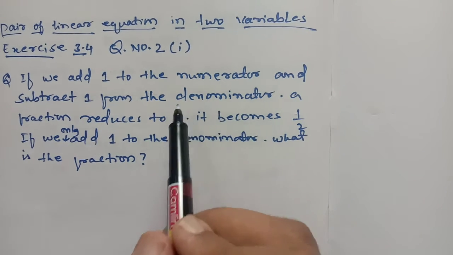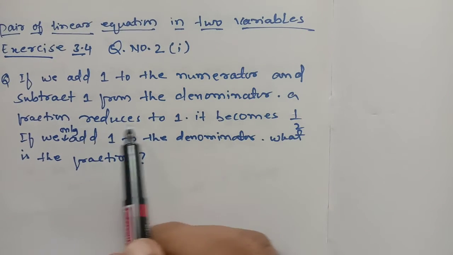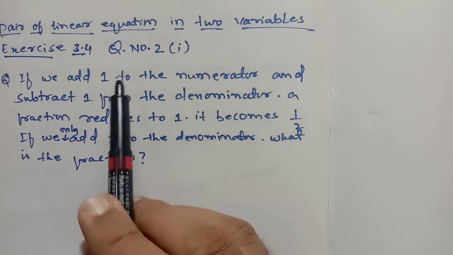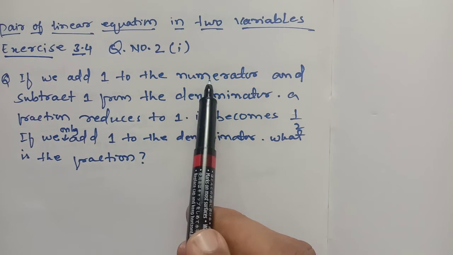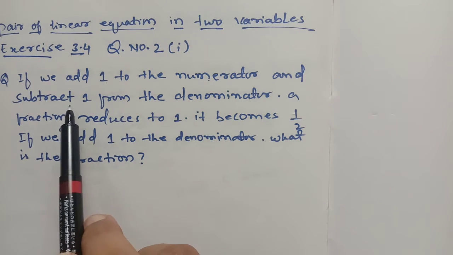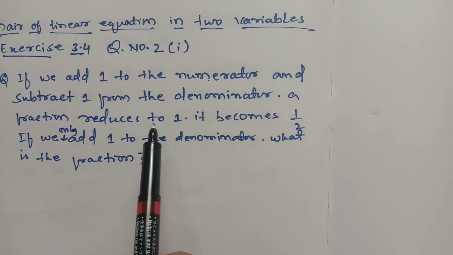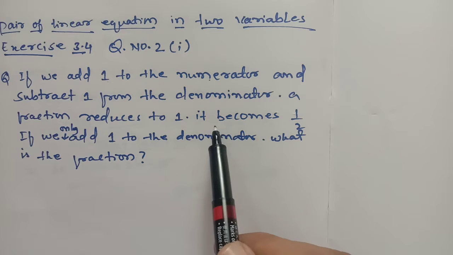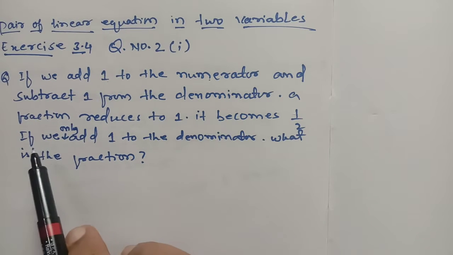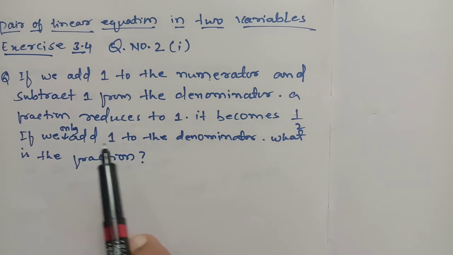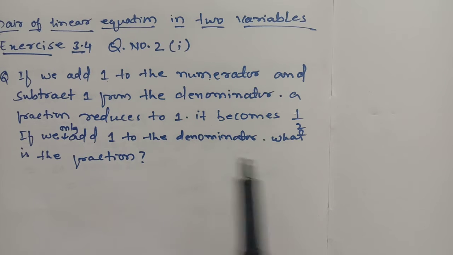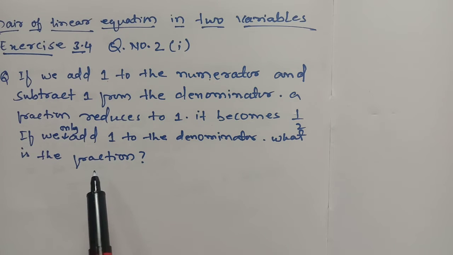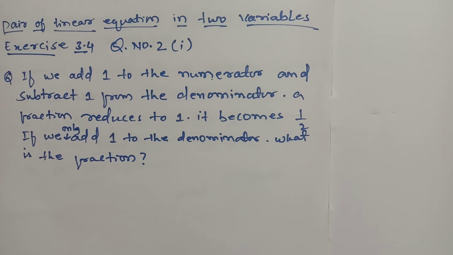Students, keep in mind, a fraction reduces to 1 when you add 1 to the numerator and subtract 1 from the denominator. Then one more, it becomes 1 by 2 if we only add 1 to the denominator. What is the fraction? Let's solve. We have to find the fraction.